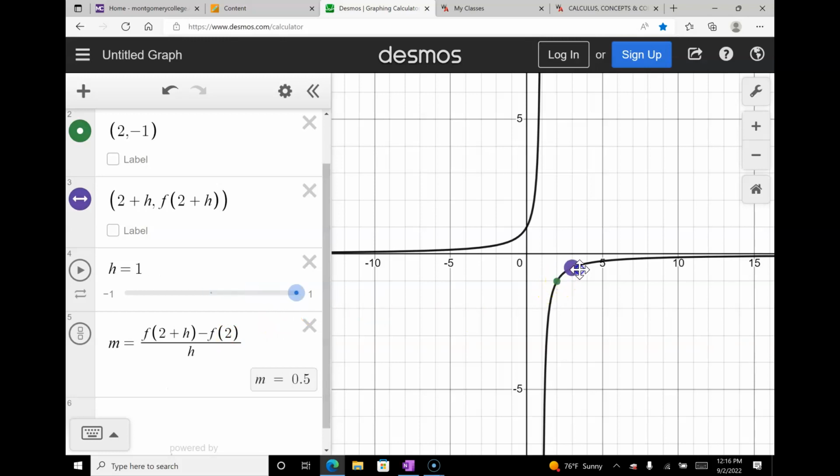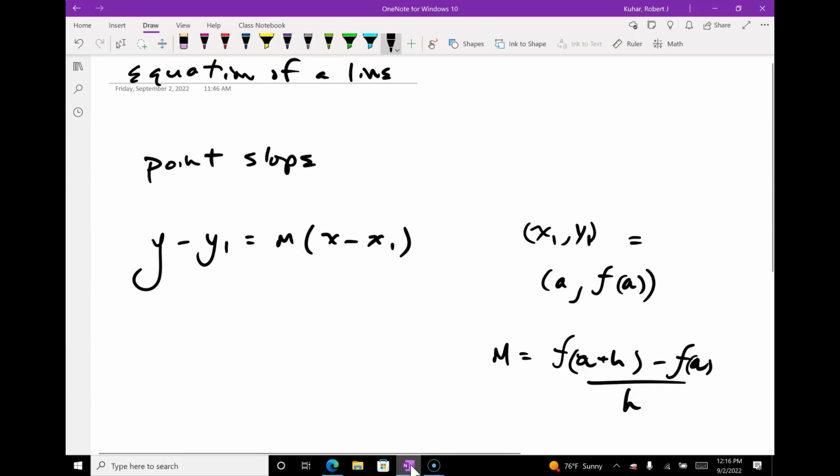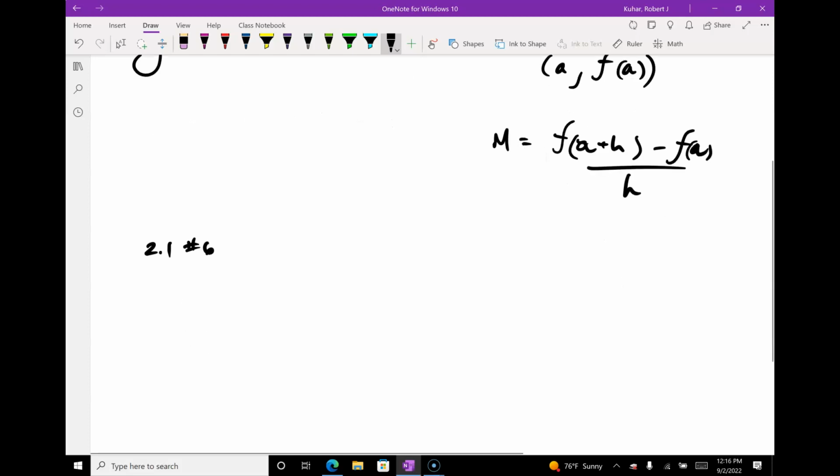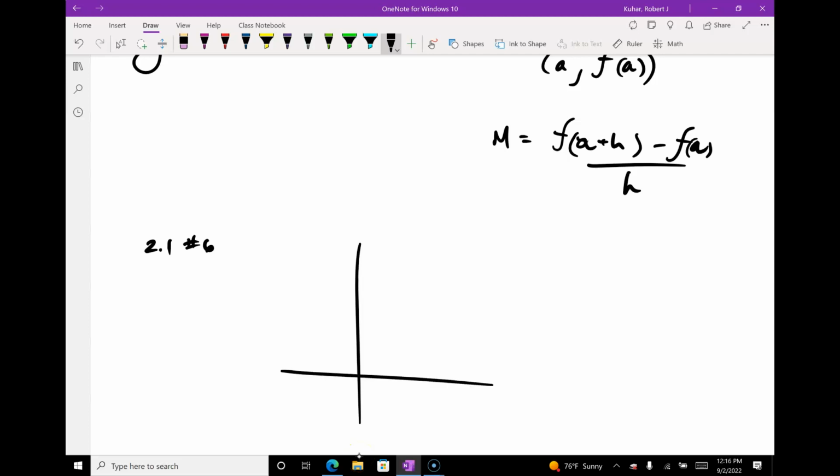Okay, but better than that, I want to look at the slope of my secant line and see if I can figure out the slope of my tangent line by taking a limit. So here we go. This is 2.1, number 6, right? I have this curve, and this is 2, -1, and this is some arbitrary point.